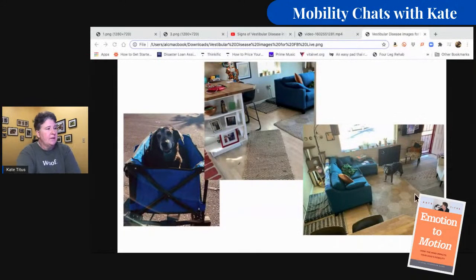Stacy's also done, and one of the things you can do if you have a dog who's having a vestibular disorder is that you can change how your house looks. So you can add things that make it easier for them to move between spaces. So Hella has a little bit of a head tilt there.